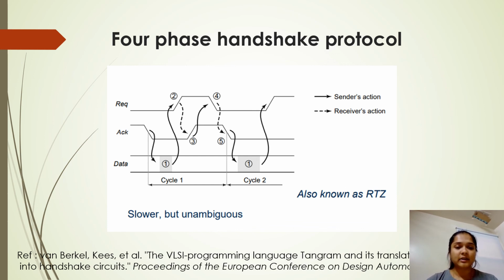The receiver requests data from the sender. Sender gives an acknowledgement signal and sends the data to the receiver. And then the receiver sends acknowledgement back to the sender that data has been received successfully. It is a slower but unambiguous process. It is also known as RTZ.